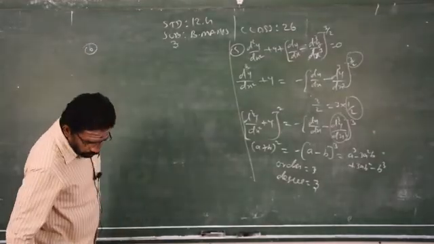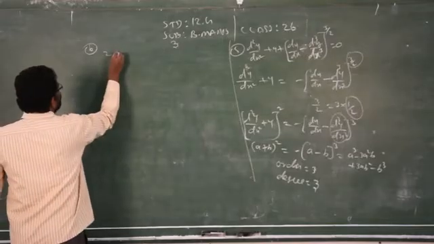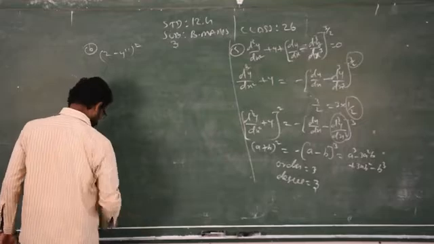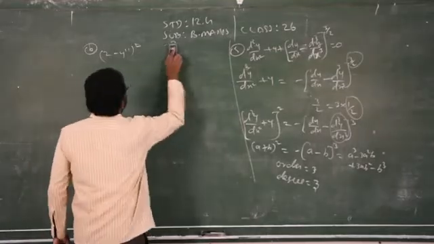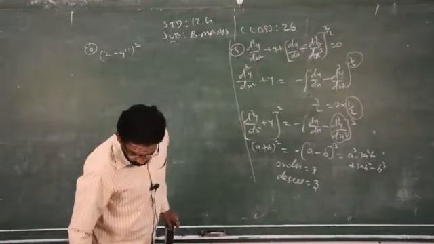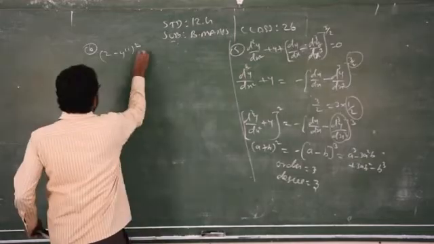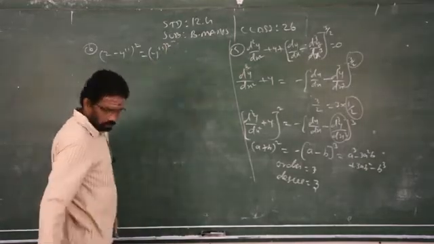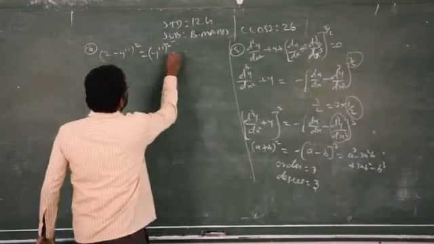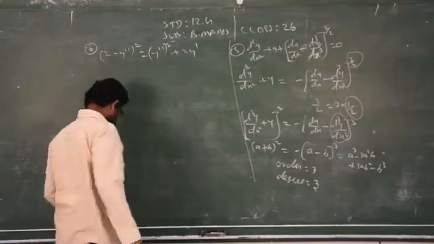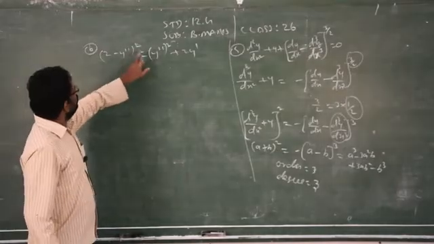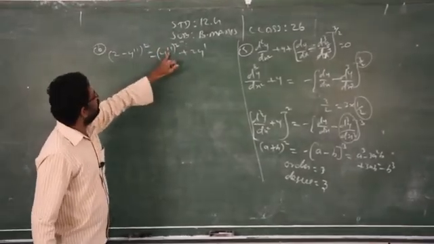What is given? 2 minus y double dash the whole square is equal to y double dash the whole square plus 2y dash. So normally the highest order is 2. So we have to write order 2, degree also 2.